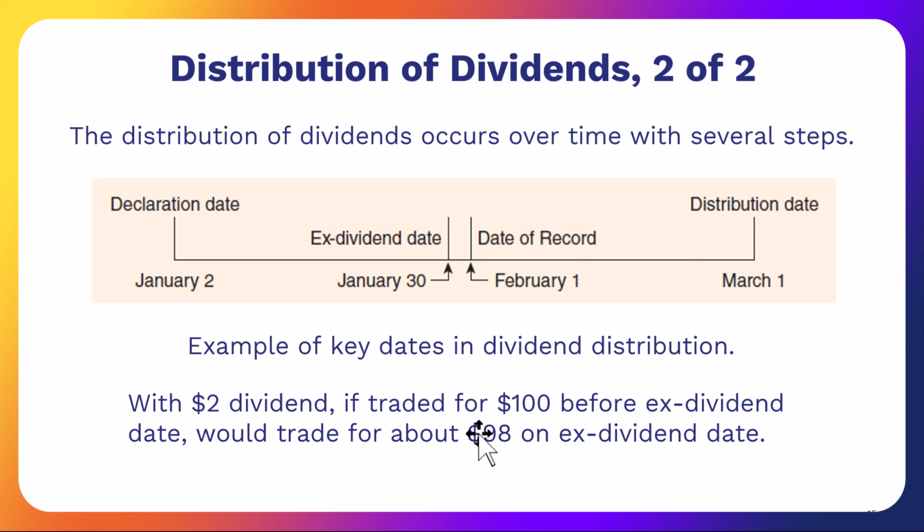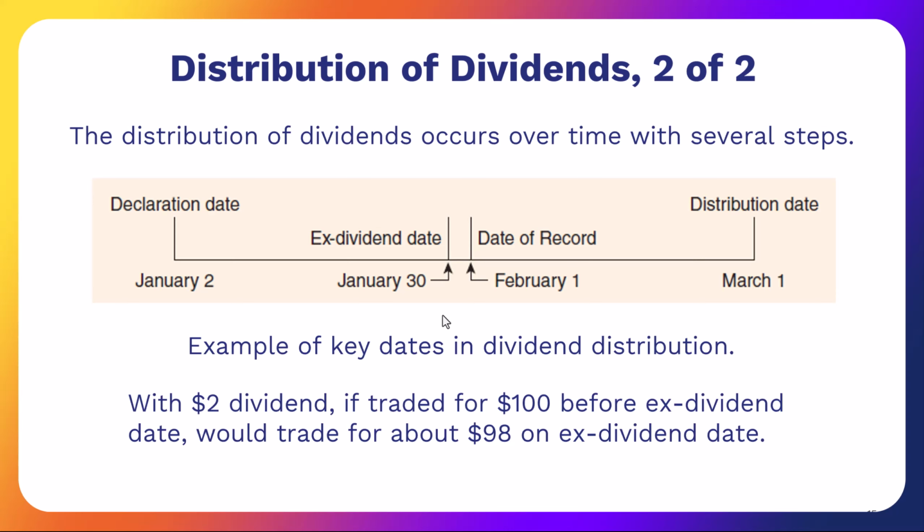So here we see an example of how this might work. On January 2nd, we announced there'll be a dividend of $2 distributed March 1 to all the shareholders of record on February 1st. So if the stock trades between January 30th and February 1st, the stock would actually trade for about $98 on that ex-dividend date.